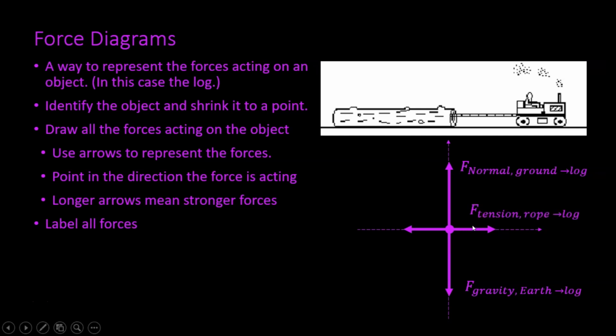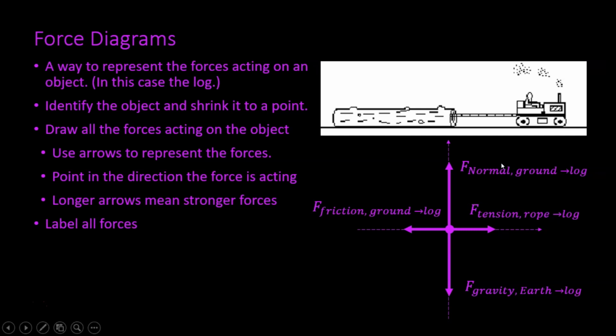Next, this force acting to the right is a tension force because the rope is pulling the log, and tension is a pull force. Finally, we have the friction force because the ground is pushing parallel to the log, and it's hindering the motion, so that makes it a friction force.